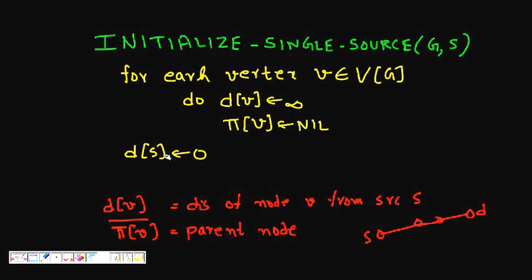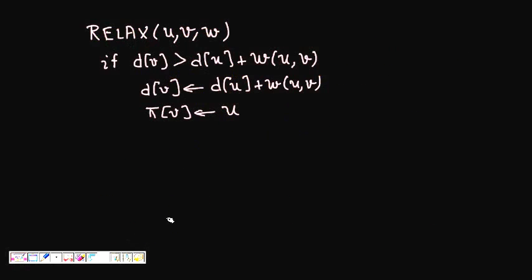Then we initialize d of S as 0, because the distance of the source node from itself is of course 0. For this initialize single source function, the running time is O of mod V. This will be used as an auxiliary function for our Dijkstra's algorithm. Next, let's see the relax algorithm.